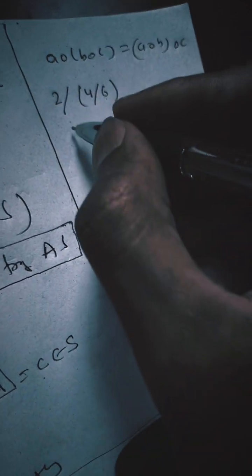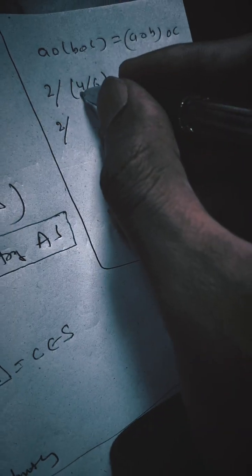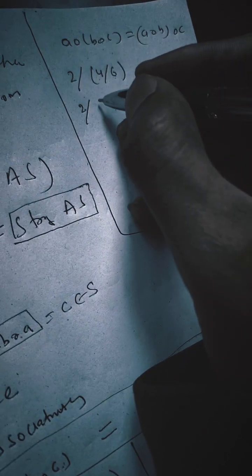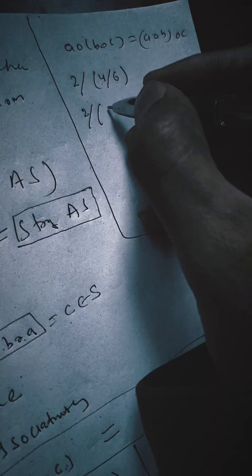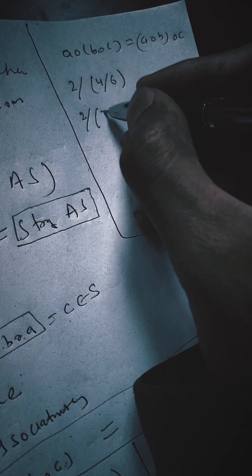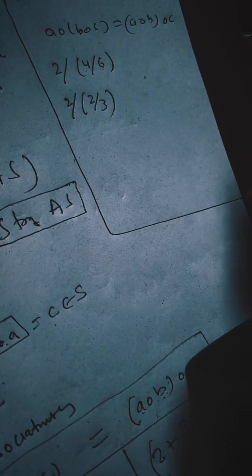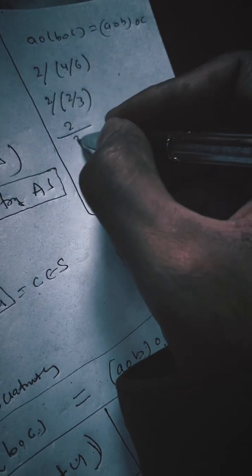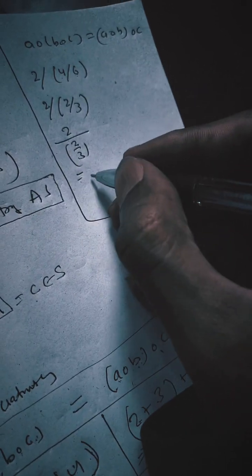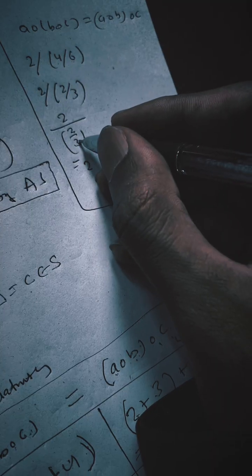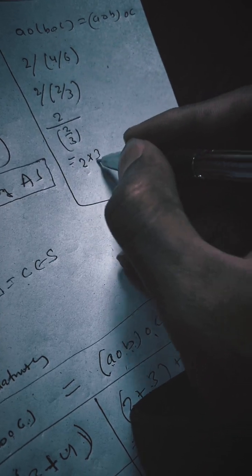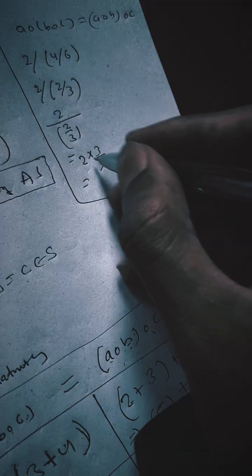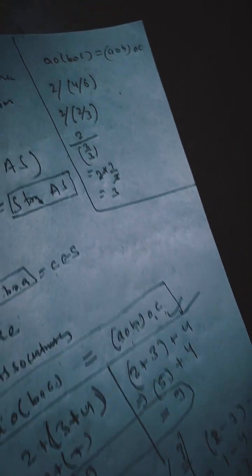So what is the answer? Well, 2 divided by (4 divided by 6). What is 4 divided by 6? It is 2 divided by 3. And 2 divided by 3 is what? Well, it is 2 and we have to take the reciprocal of it. So 2 into 3 by 2, the 2 cancels, the answer is 3, right?